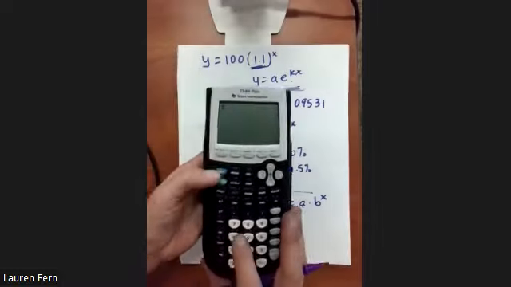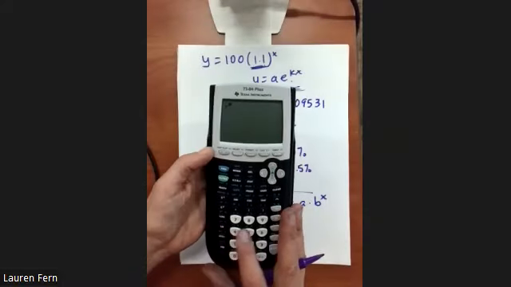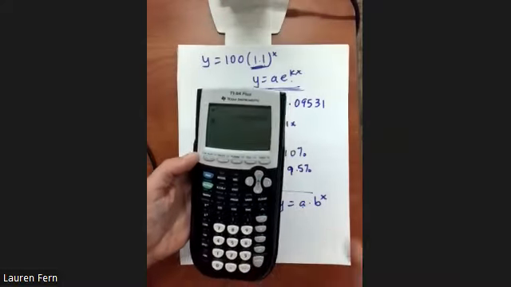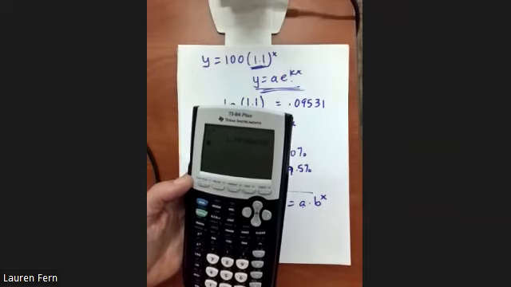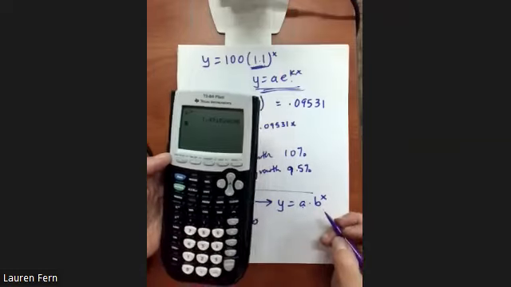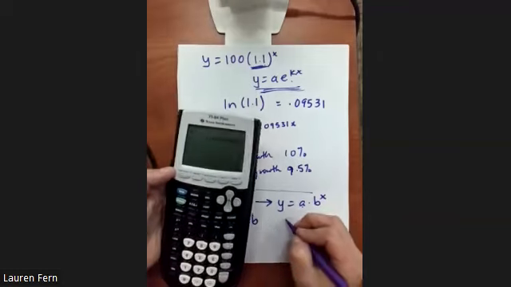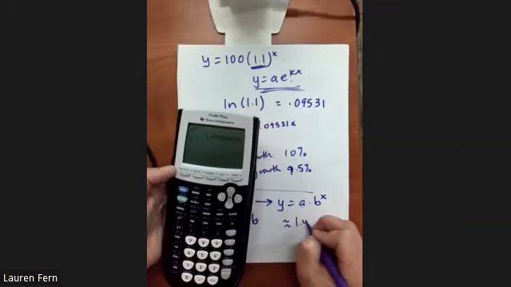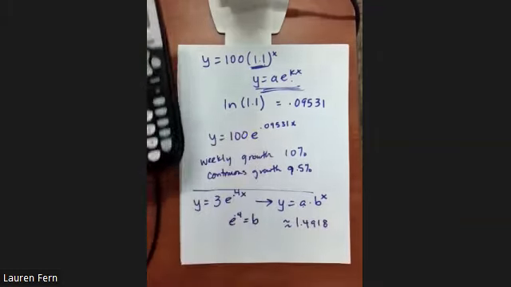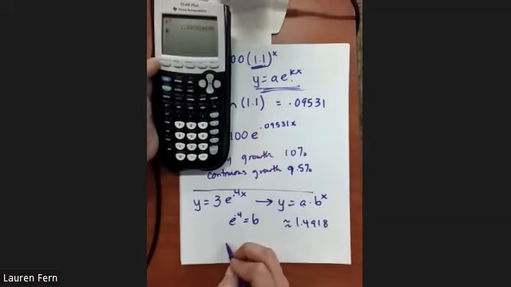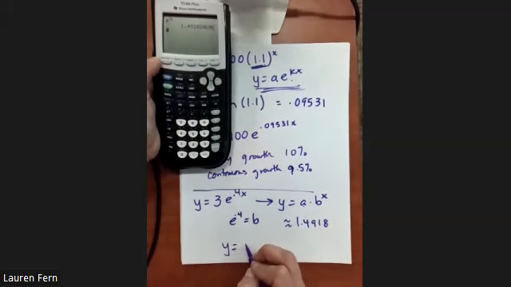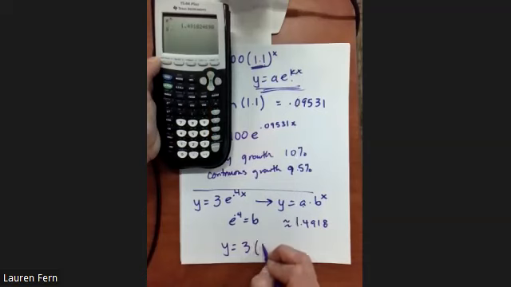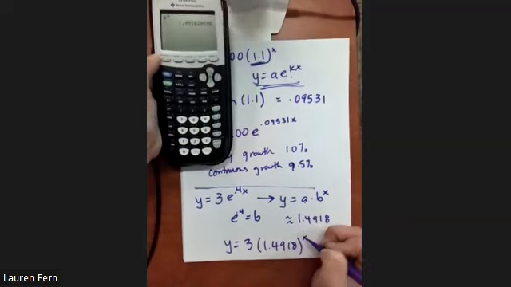So what I'm going to do is compute e to the 0.4 power, and I get about 1.49. I'll go a couple decimal places: 1.4918. So in equivalent form, we would say this is 3 times 1.4918 to the power of x.